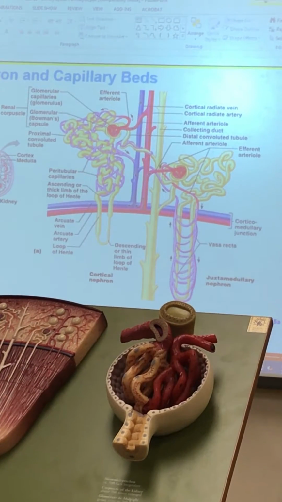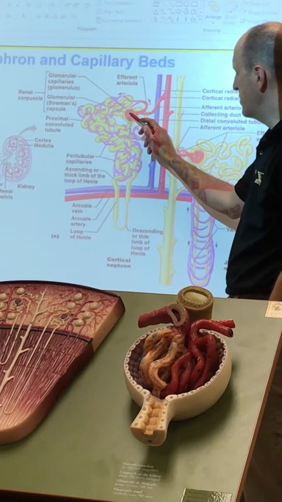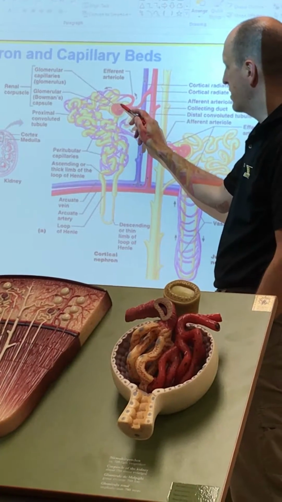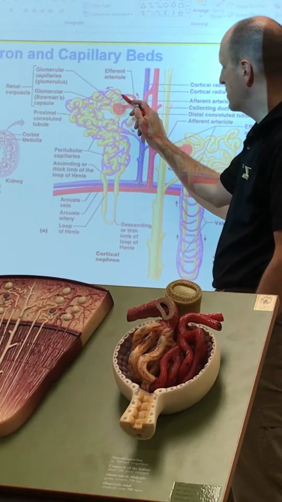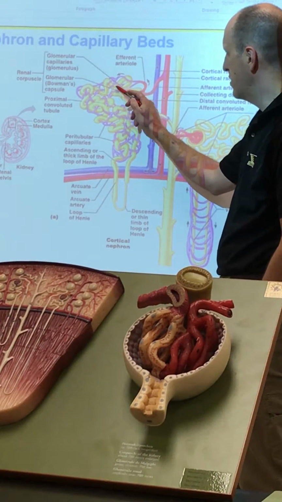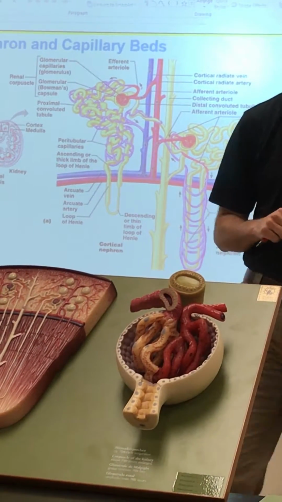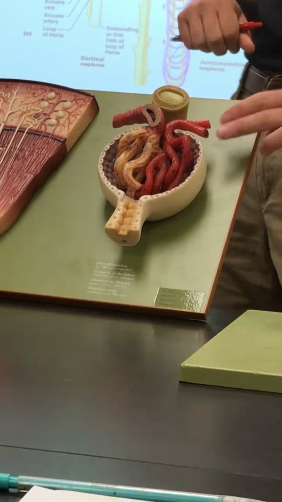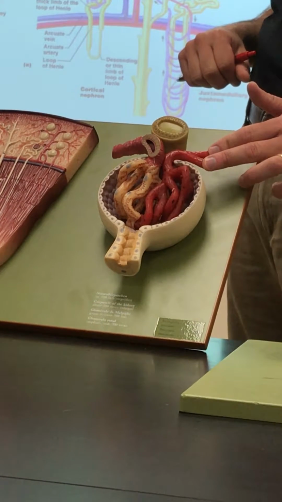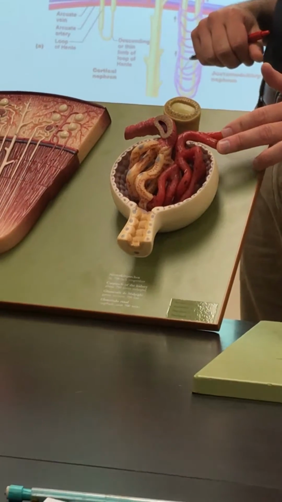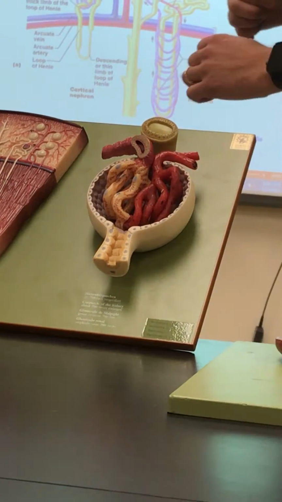You can see right here comes the afferent arteriole, carries blood into the glomerulus. Anything that remains behind, unfiltered, goes into the efferent arteriole, and then we can see it split here into the peritubular capillaries. You see that? So if you see the split, that has to be efferent, because those are the capillaries that it becomes.